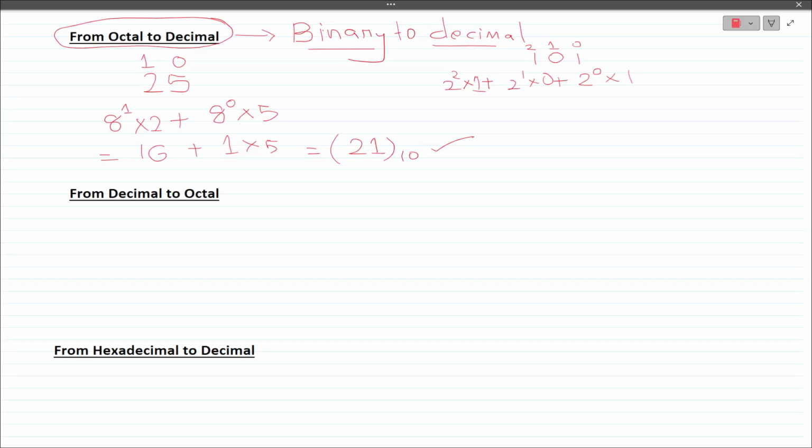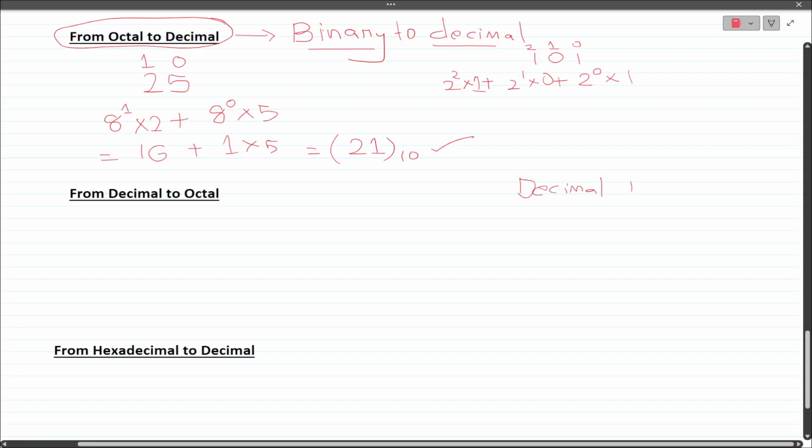Again, do remember when we were converting decimal to binary. Whatever we will be learning now, you will just be taking the reference of this binary conversion. Just to remember, how were we converting decimal to binary?